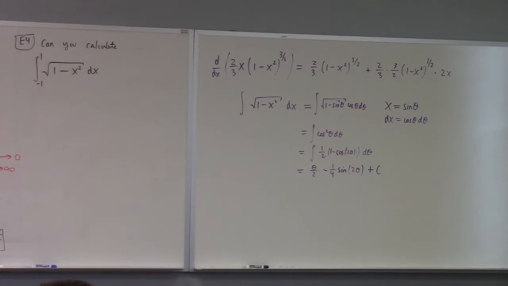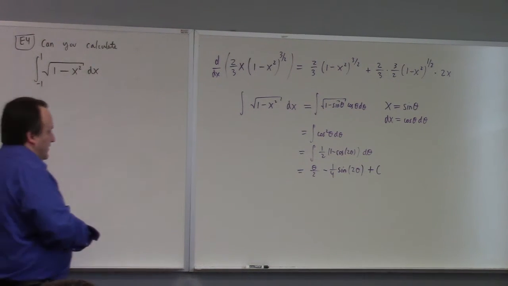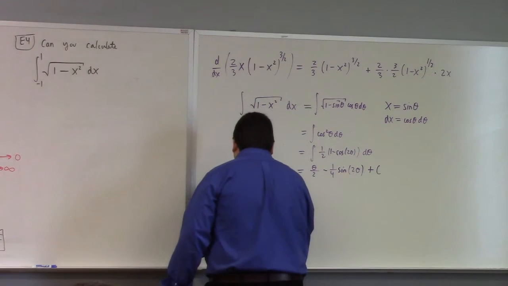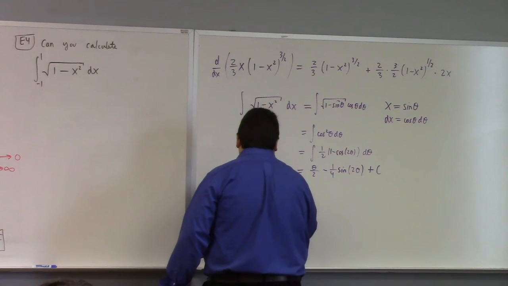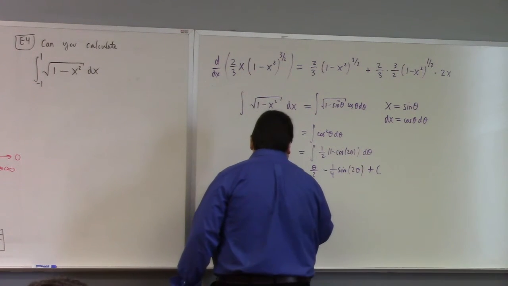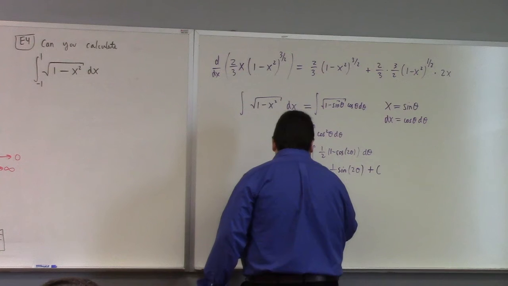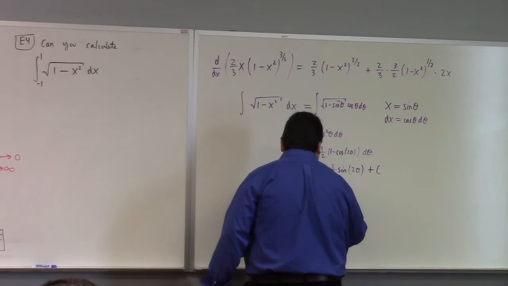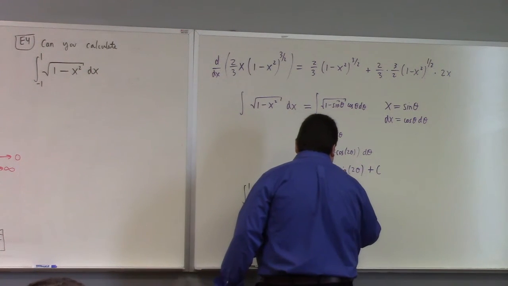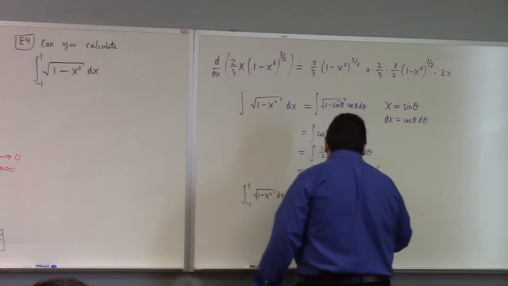Well, let me just go ahead and do the integral. So here we have the integral from -1 to 1 of the square root of 1 minus x squared dx, equal to theta over 2 minus 1/4 sine 2 theta, evaluated from what to what?